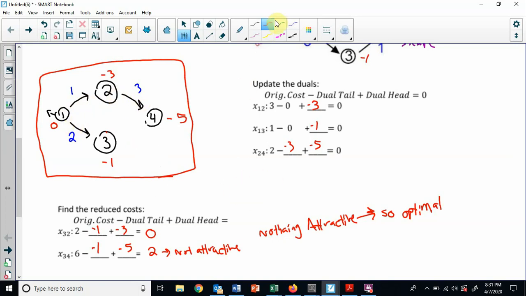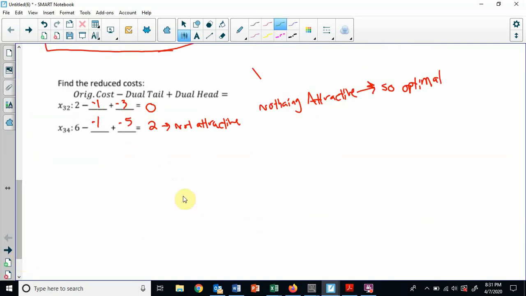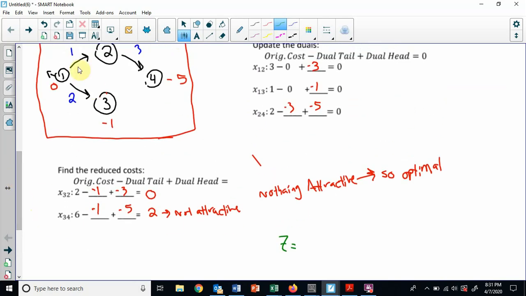Let's see if we can find the objective function value, which is really not that difficult to do. All we have to do is take the cost times its flow. So let's see, what was the cost on 1,2? Cost on 1,2 was 3 times its flow, which is 1. The cost on 2,4 was 2, and its flow is 3.